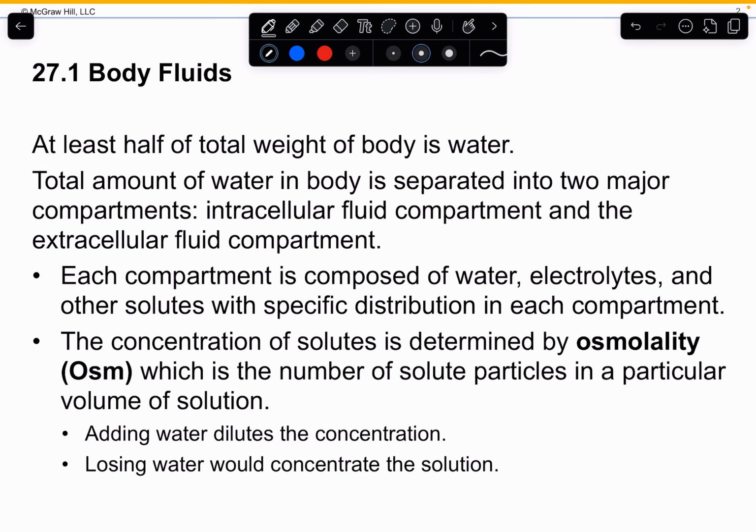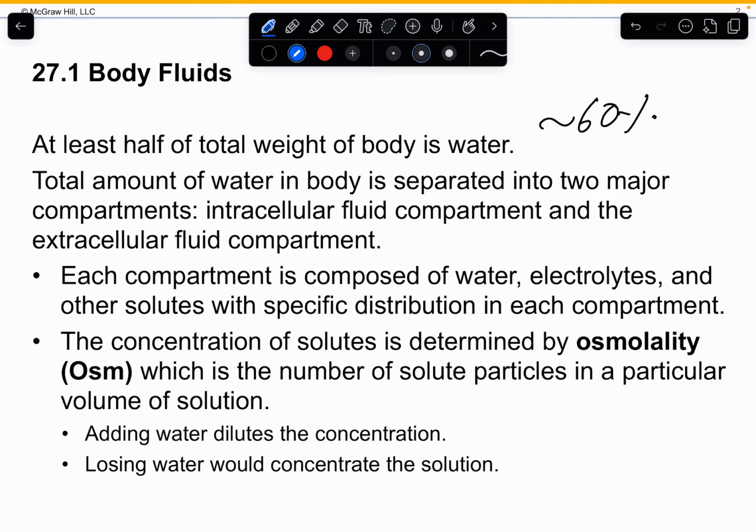We can go over the body fluids. Approximately 60% of the adult's body weight is water, making water the most abundant substance in the body.